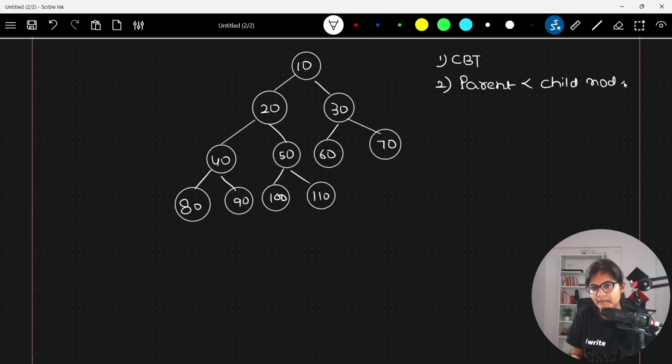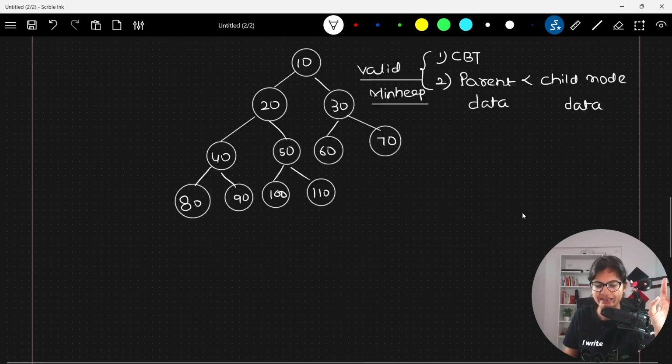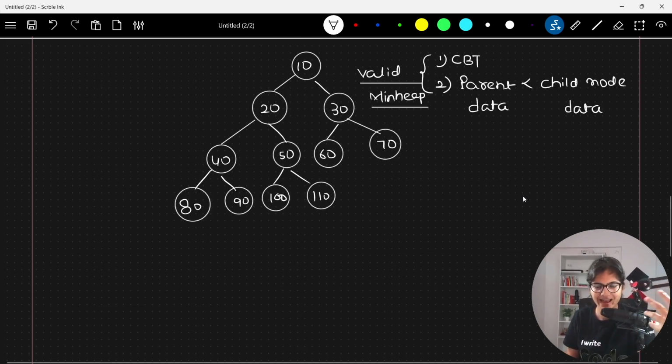So these two properties are valid, which means yes, this is a valid Minheap. In a Minheap or a Maxheap, both go side by side. It's just that in a Maxheap, parent data value will be greater than the child node data. That's fine. Now, whenever a deletion happens, it will always happen at the root node.